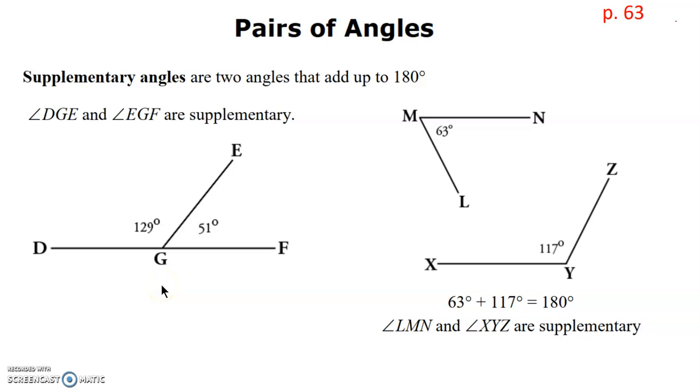Supplementary angles are two angles that add up to 180 degrees. So we can remember supplementary by the letter S. We can think of the word straight. Straight angles are 180 degrees. And so supplementary angles add to 180 degrees. So we can see that 129 degrees for angle DGE and 51 degrees for angle FGE, those two angles added together equal 180, so these are supplementary.